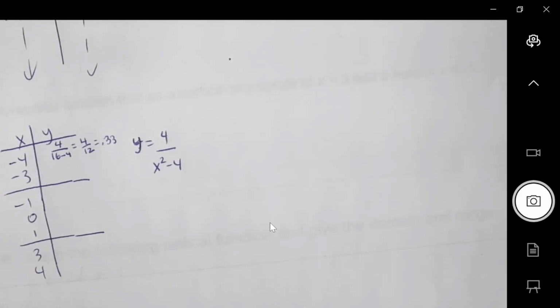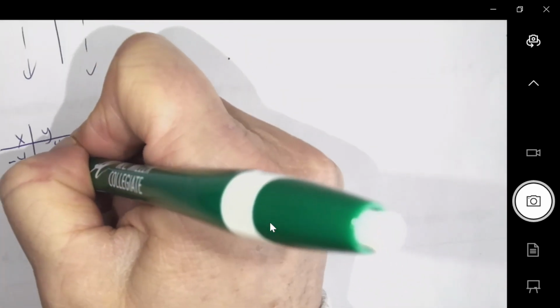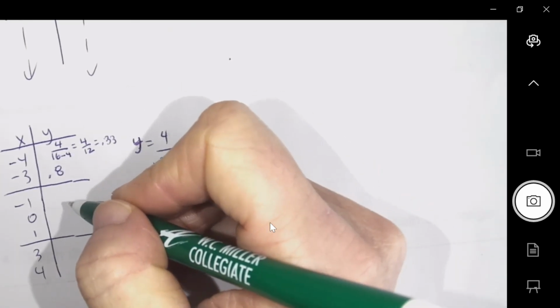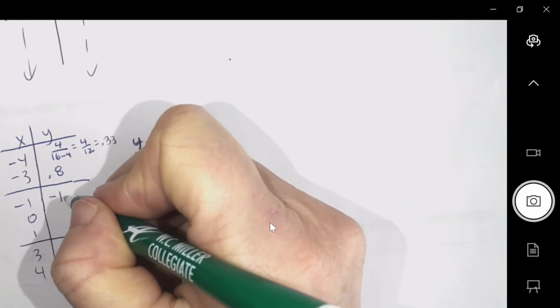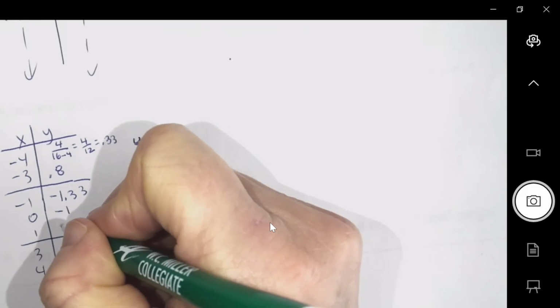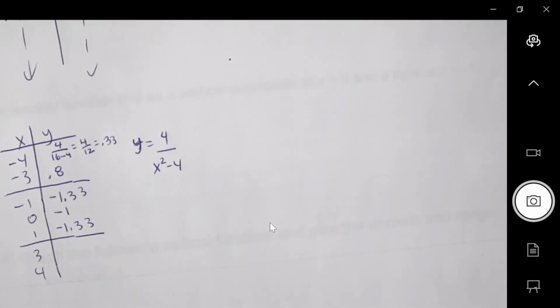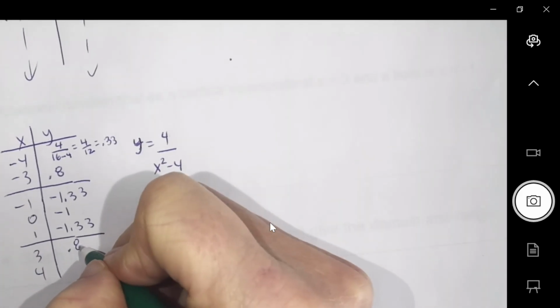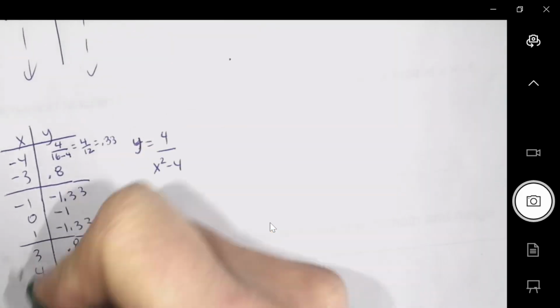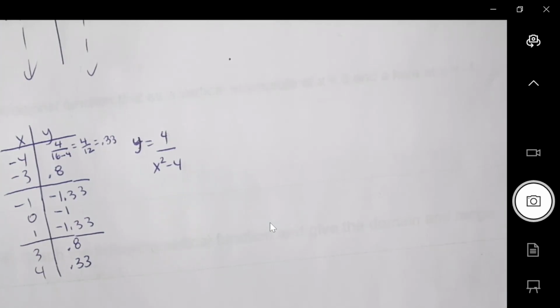We know how to do this. I'm just plugging in the values. Just to save time, are you ready? 0.8, -1.33, -1, and then do you understand that these ones are the same? Plugging in a -4 would result in the same as plugging in a +4 because you're just squaring it.